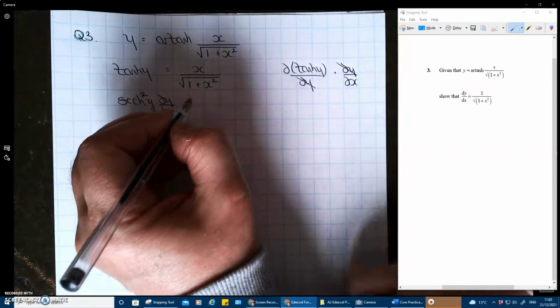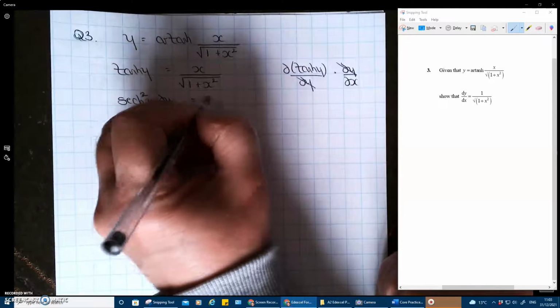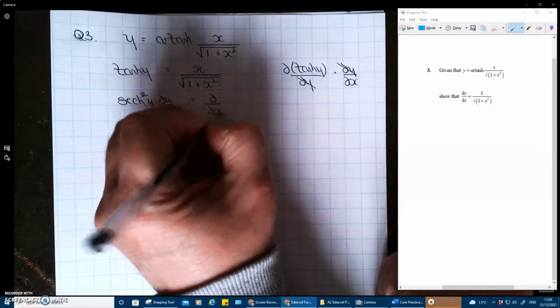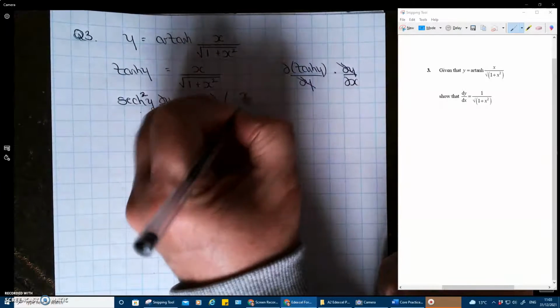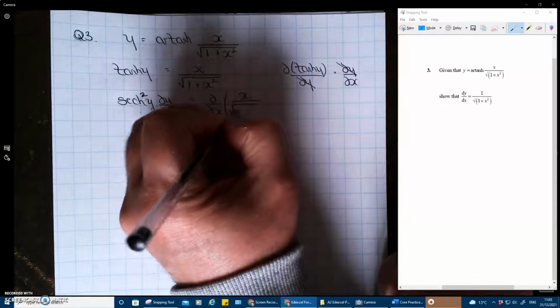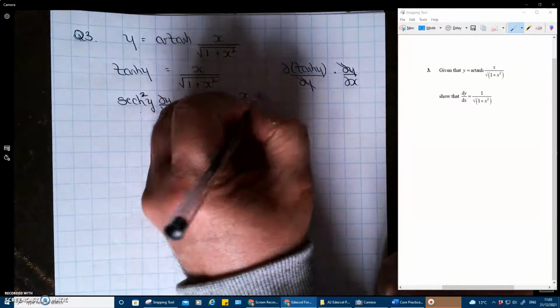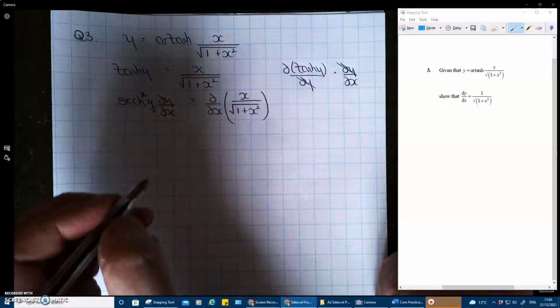Differentiate the right hand side. I'm going to have to use the quotient rule or the product rule, whichever. So I'll leave the left hand side for a moment.